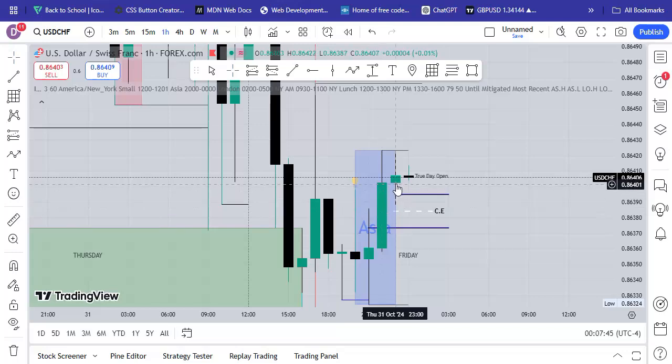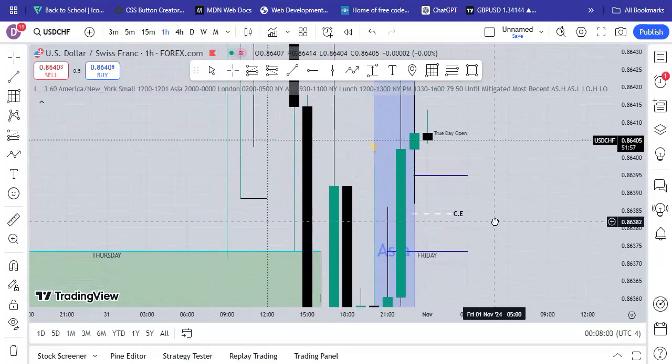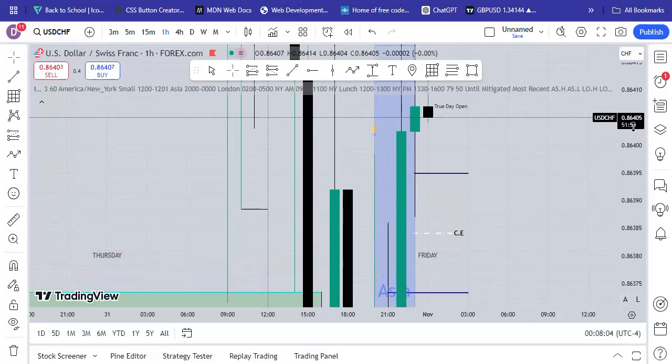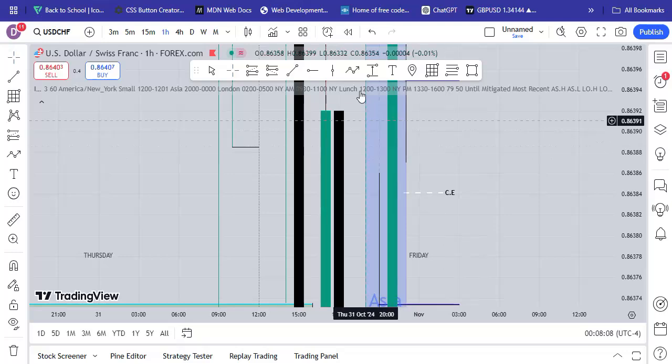And also this wick, from this open to the low, you measure the 50% level. And also, we have a fair value gap right here. These wicks do not completely overlap. You wouldn't see it unless you zoom in clearly. As you can see right here, this is also a fair value gap.